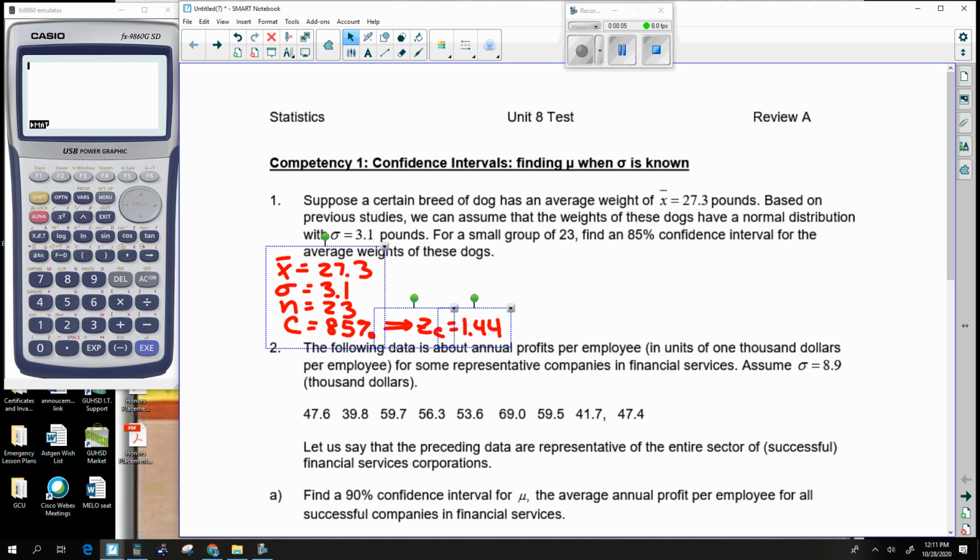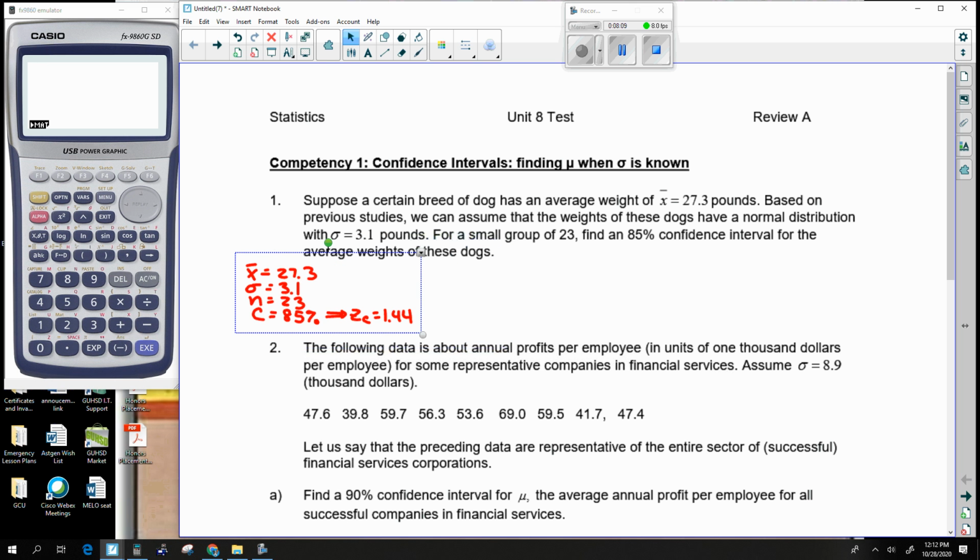So now I go ahead and establish my margin of error, my E in this case. So E is equal to ZC sigma divided by the root of n. So this is going to be 1.44 sigma divided by the root of n.